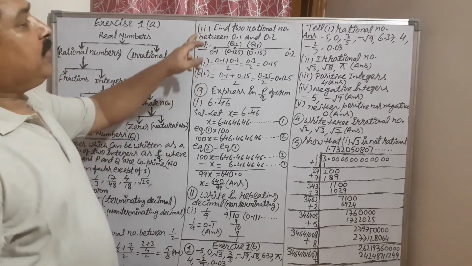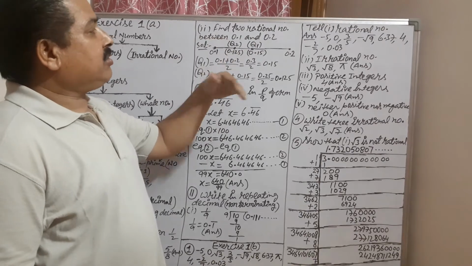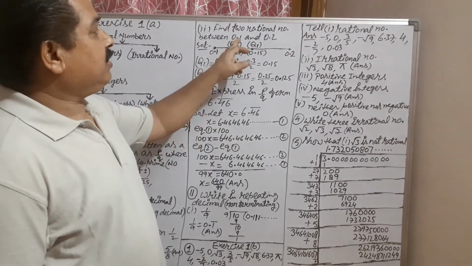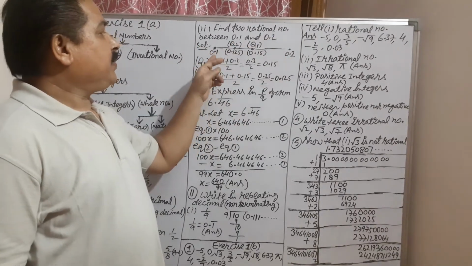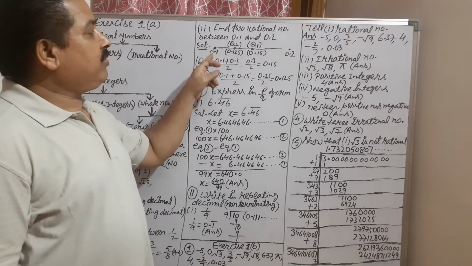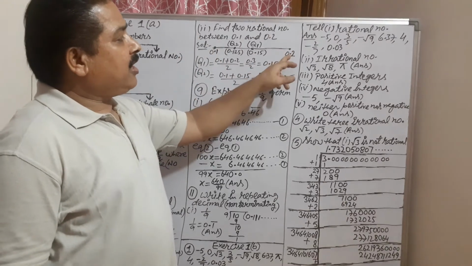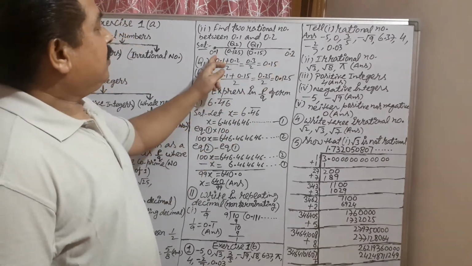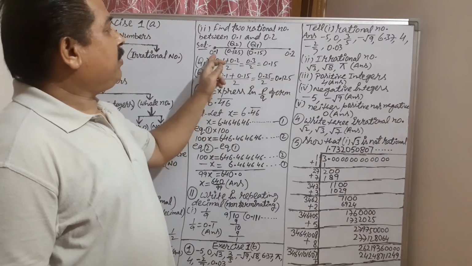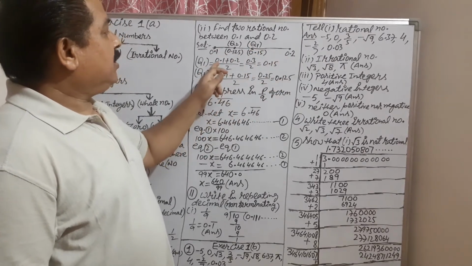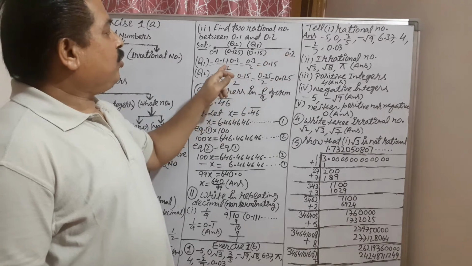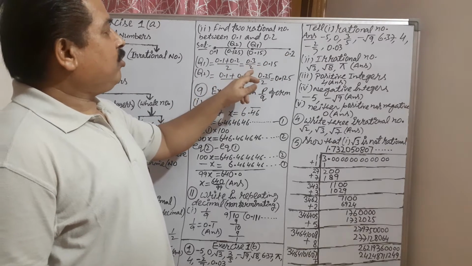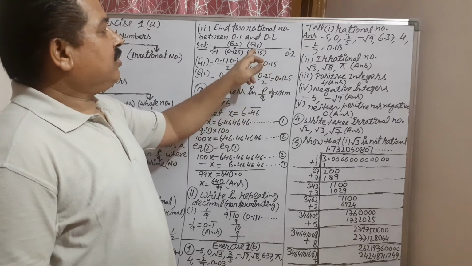Now see the second. Find two rational numbers between this and this. Draw one straight line. Write 0.1 on one end and 0.2 on the other end. Add these two numbers and get the middle number. 0.1 plus 0.2 upon 2, 0.3 upon 2, it will come 0.15. So this is the middle number.